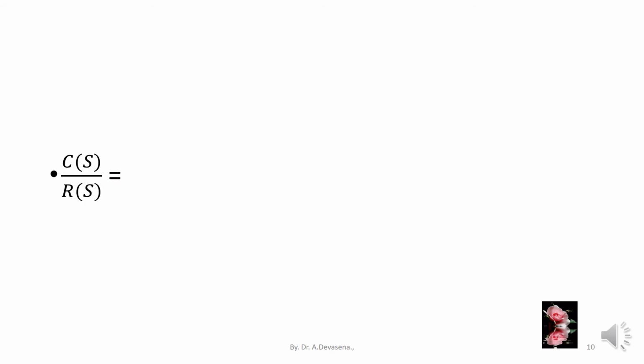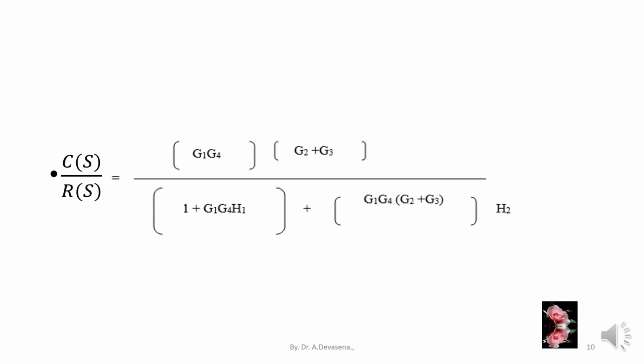Finally, C(s)/R(s) is equal to G1 G4 into (G2 plus G3), the whole divided by (1 plus G1 G4 H1) plus (G1 G4 into (G2 plus G3)) into H2. This is the answer for the given block diagram.